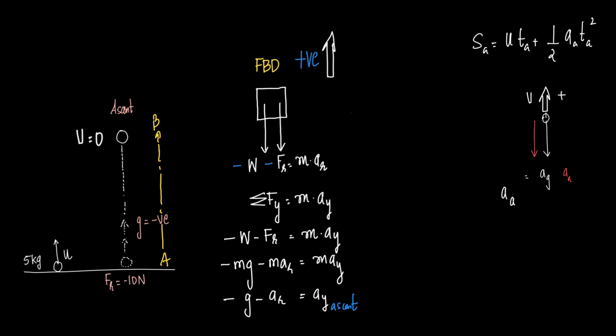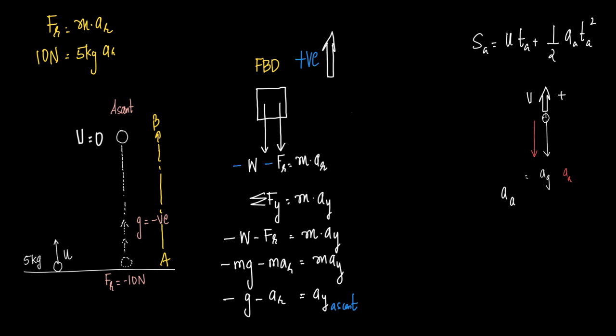Now, Fr is equal to m into ar. Okay, a straightforward equation. What is Fr? Fr is given to us as 10 Newton. What is the mass? Mass is given to us as 5 kilogram, into ar.